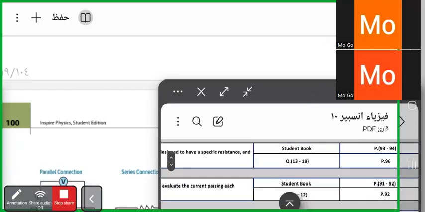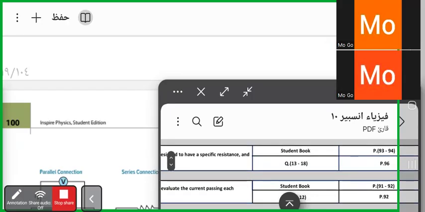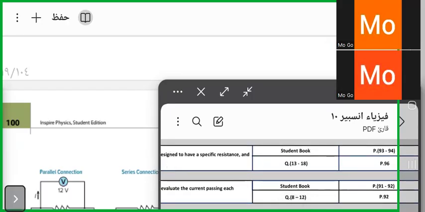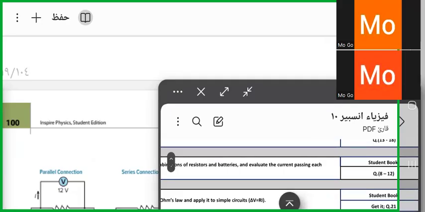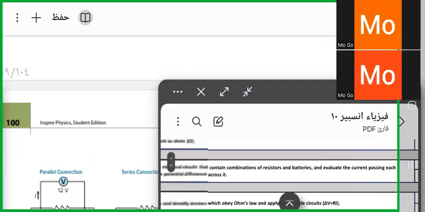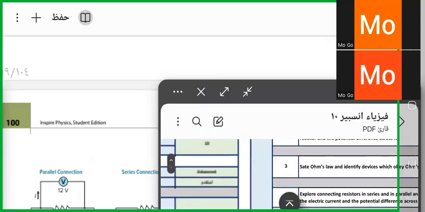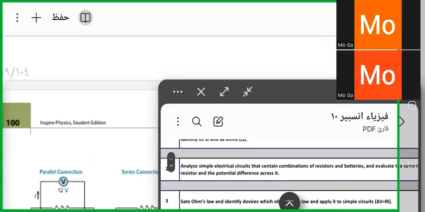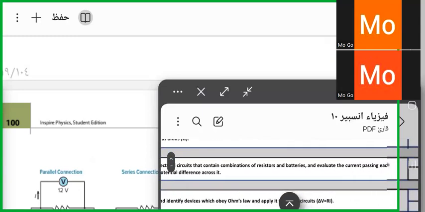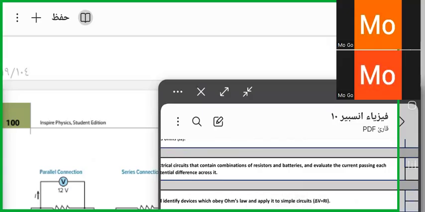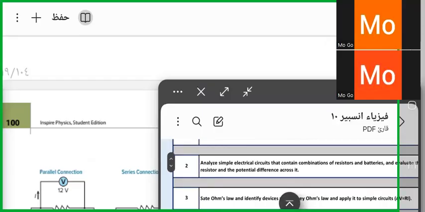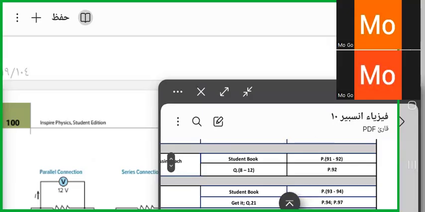This was question number 1. We had finished from 13 to 18 in the previous video. Now we are going to the second question. Analyze the simple electrical circuit that contains a combination of resistor and battery, and evaluate the current passing through each resistor and the potential difference across each. Page 91.